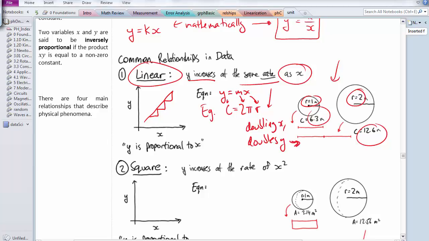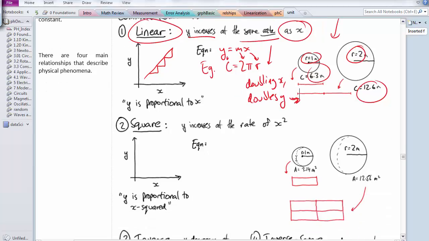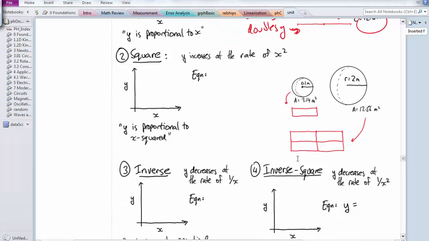Something different is the square relationship. A square relationship looks like a parabolic curve, and in this case, y increases at the rate of x squared. The general equation is y is equal to mx squared.